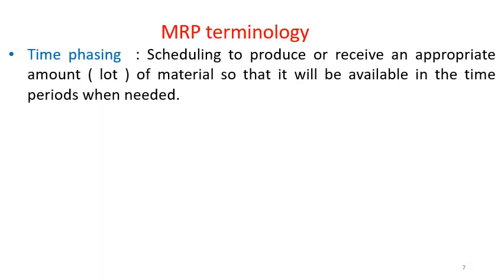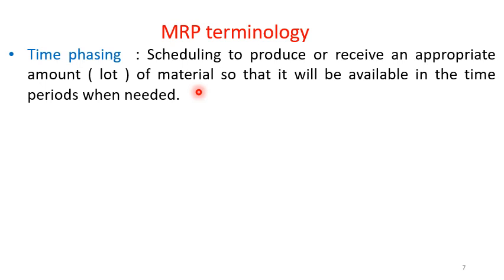Continuing with the terminologies, next is time phasing. What is time phasing? Time phasing refers to scheduling to produce or receive an appropriate amount of material. Material in almost all cases is produced or received in lots. Lots means a batch, a lot of say 100, 200.